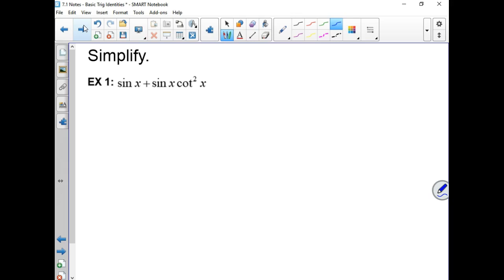If we look at our problem here, I notice that I see sine in both of these terms. So what I'm going to do is I'm going to factor sine out like it's the greatest common factor. Just like if I had x plus xy squared, I could factor out an x, and I would be left with 1 plus y squared.